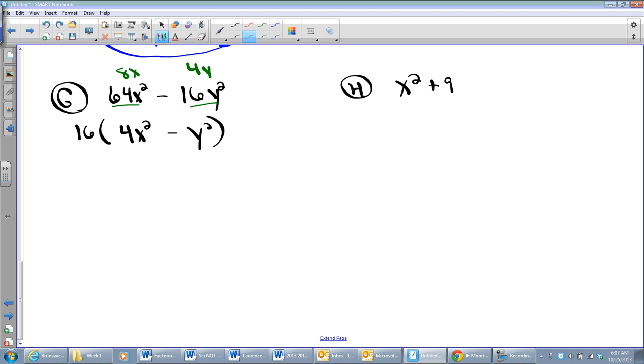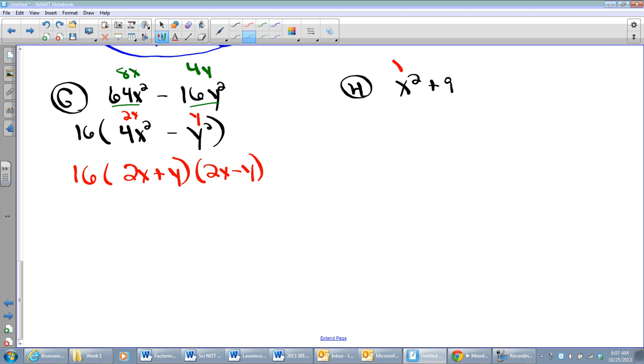Now I'm going to check. Perfect square? Sure, 2x. Perfect square? Yep, y. Okay, 16 times the quantity of 2x plus y times the quantity of 2x minus y. And there you go.